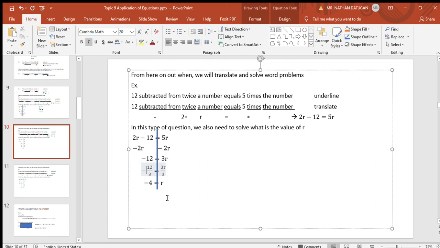So negative 12 divided by 3. Well, is our answer going to be positive or negative? Negative, because different signs in division is going to be negative. Or think of this: how many negatives are there when we're dividing?